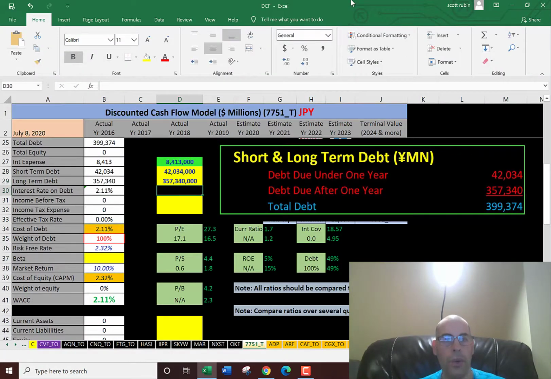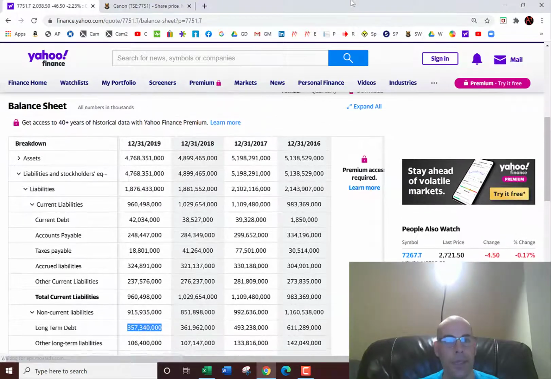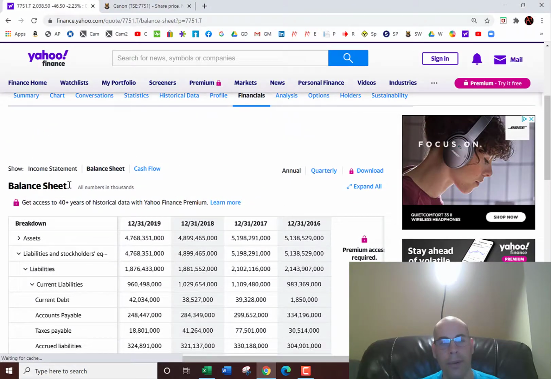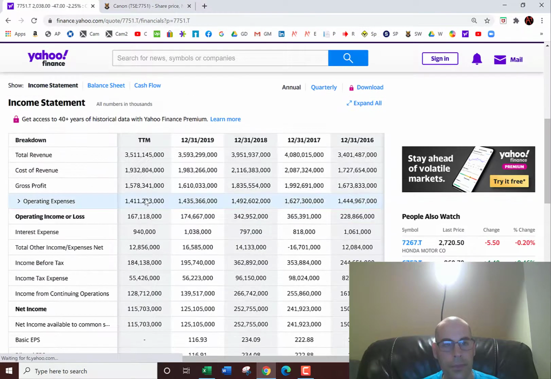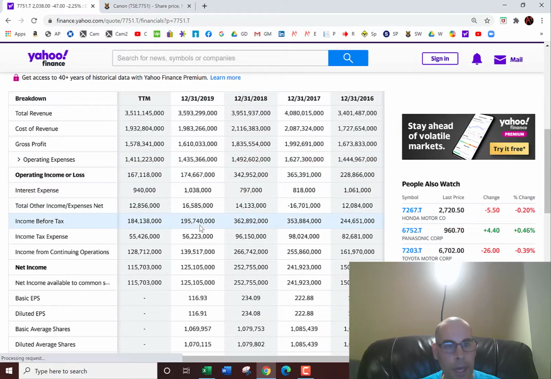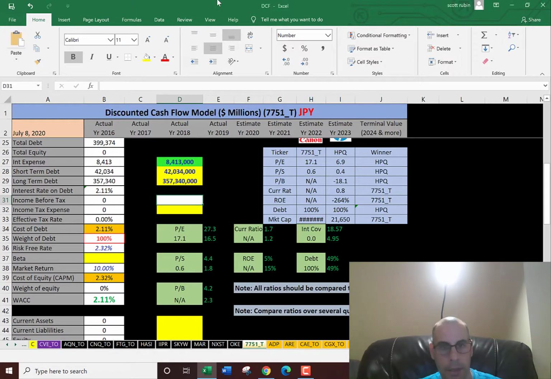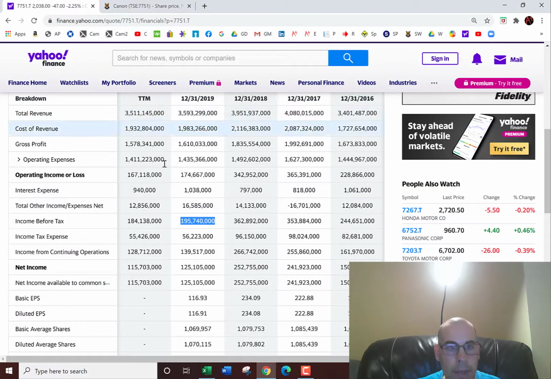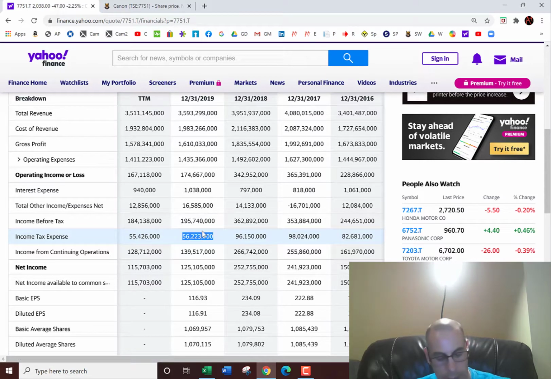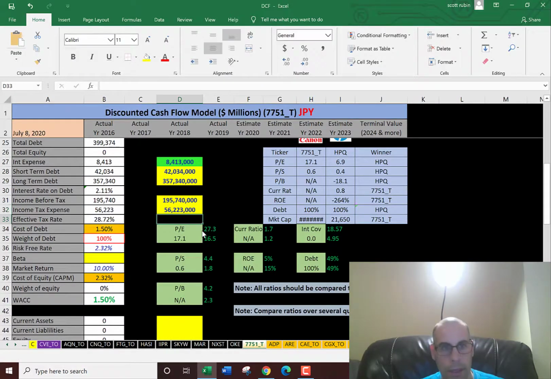So they pay 2.1% interest on their debt. Since interest is tax deductible, let's get their effective tax rate. The income before tax is 195 billion yen, and the income tax is 56 billion. So the cost of debt is 1.5%.